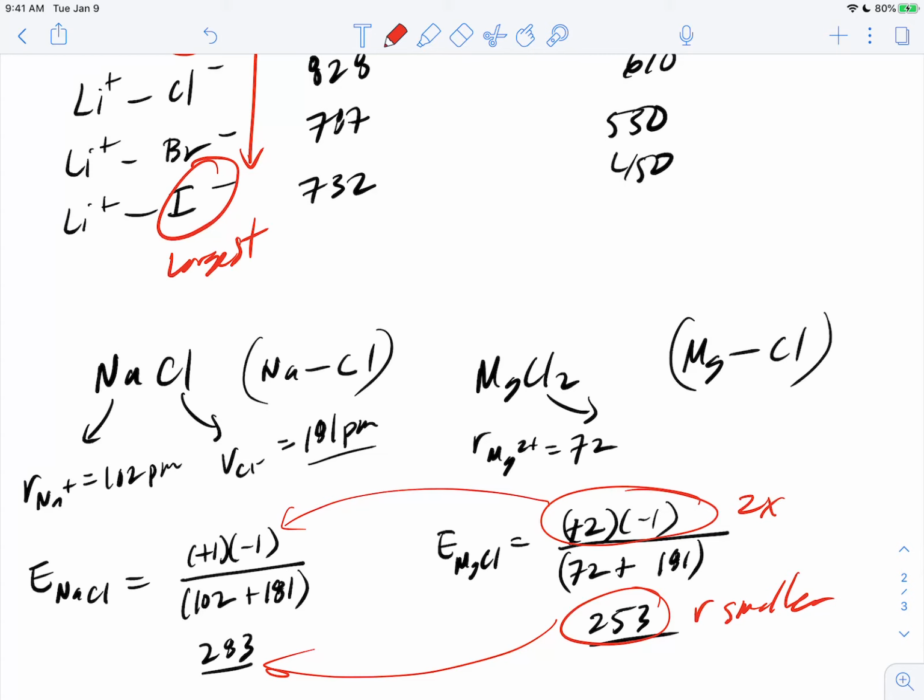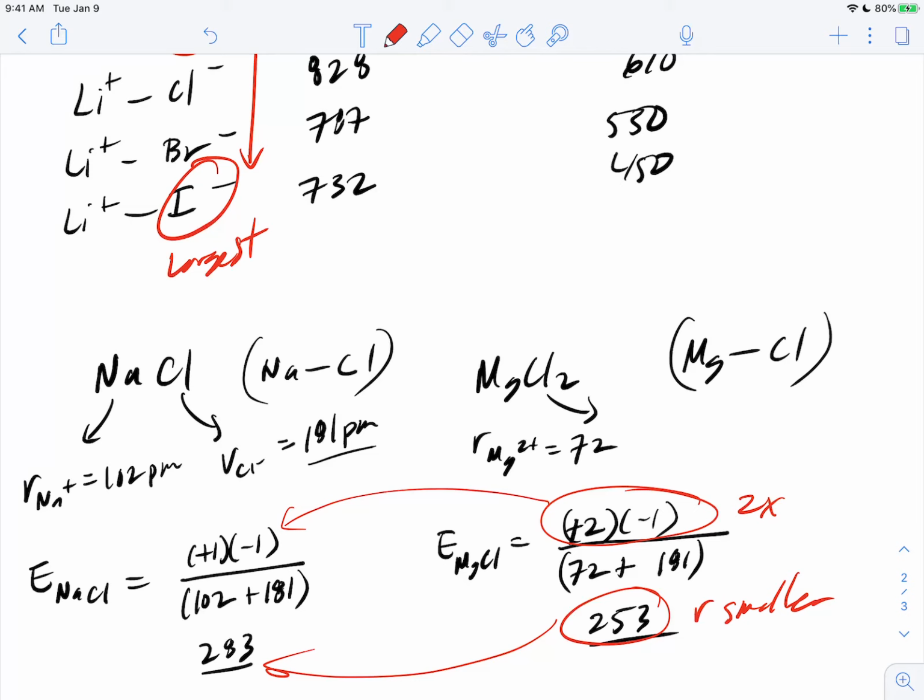And it turns out that magnesium chloride is more than 2 times as strong if you measure its strength as a physical property. So we can see here how magnitude of charge plays a bigger role than the size. And again, you only look at size when charges are the same.